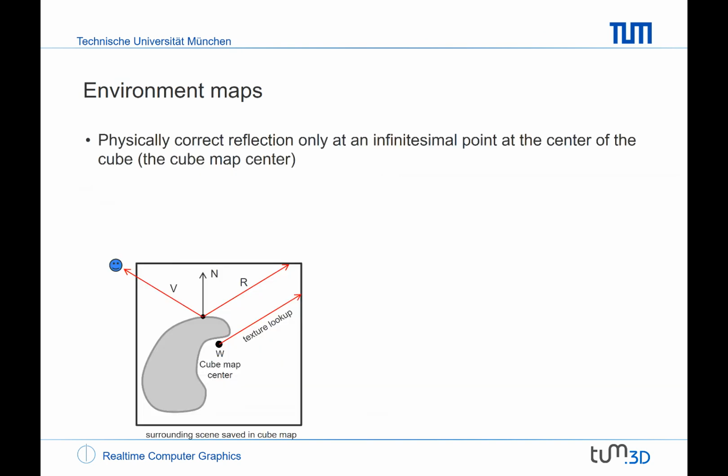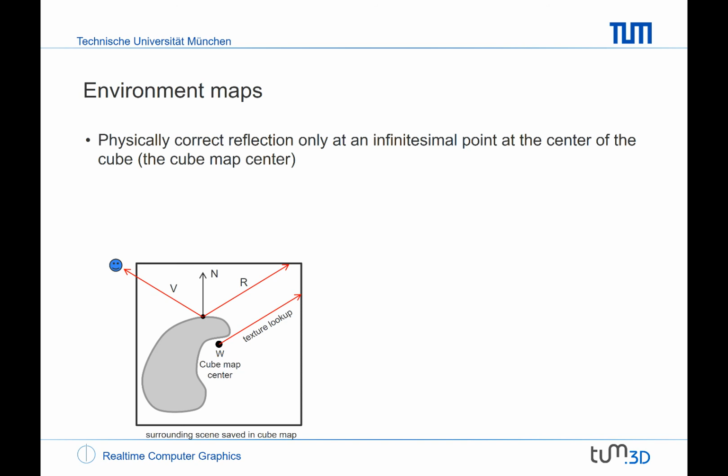Yeah, as we have said, physically correct reflections only at an infinitesimal point at the center of the cube. That is exactly what we said before, that because we base the lookup of the location from where in the cube map we look up the pre-computed values solely on the R vector.